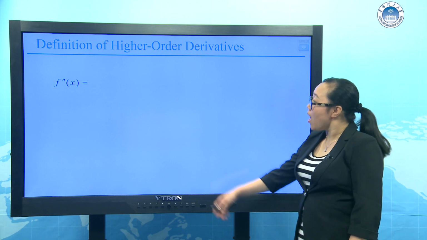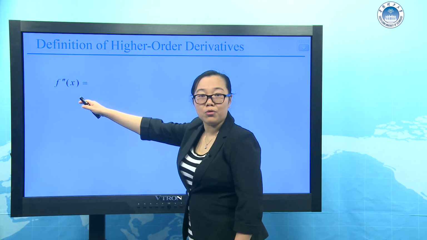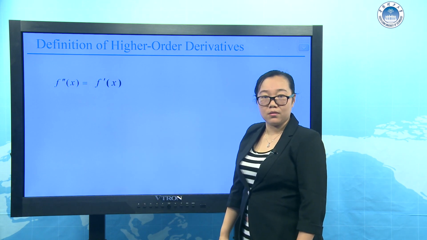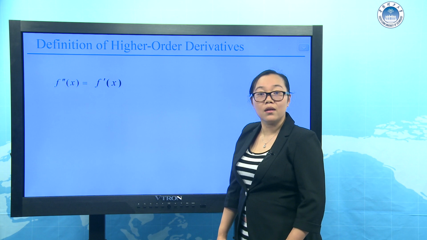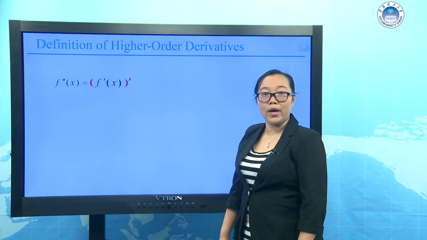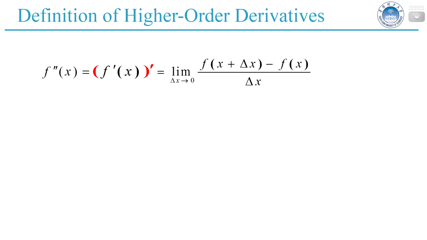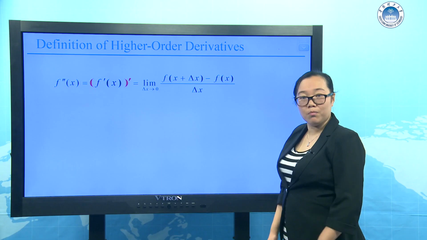This means the physical meaning of the second derivative. So now look at f double prime x equals the derivative of f prime x, that is, (f prime x) prime. How to get it? The definition: the limit as delta x tends to 0 of f(x plus delta x) minus f(x), which is our function increment, over delta x, which is our ratio. Get the limit, and then take one more prime.